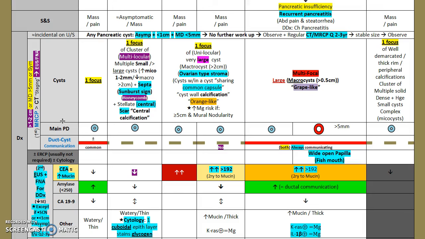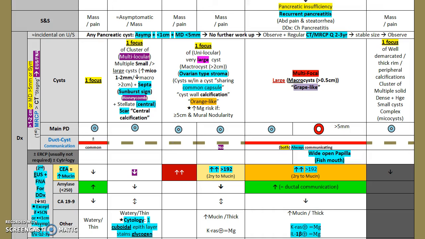The last feature regarding the imaging here is the duct-cyst communication. None of the types leads to communication between the cyst and the main pancreatic duct, except the pseudocyst and the IPMN. IPMN always has this feature, communication between the main duct and the cysts.